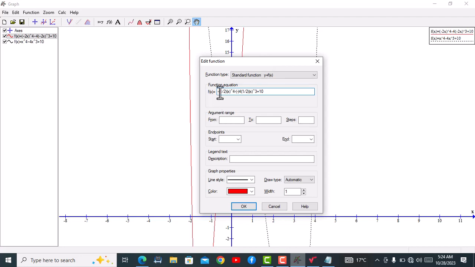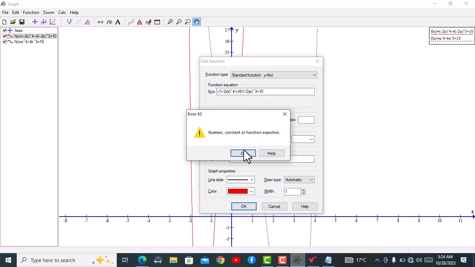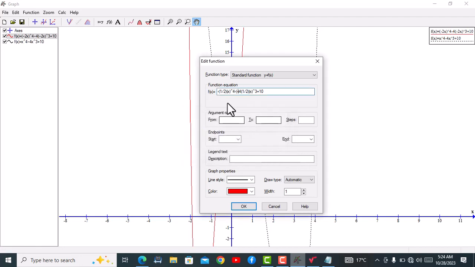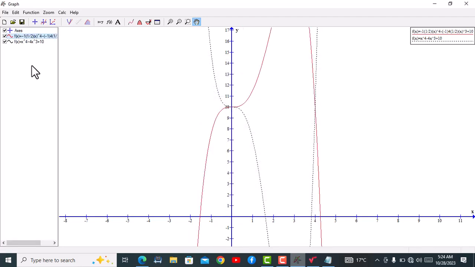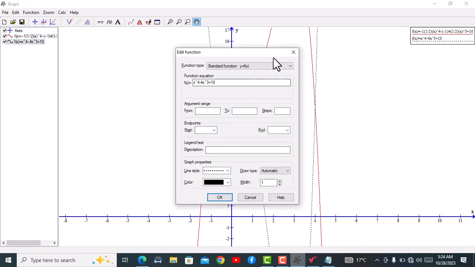Okay, let me check what is wrong. Okay, I have a negative there and I have a negative there. Okay, let me say -1, and here -1, and now it's fine.